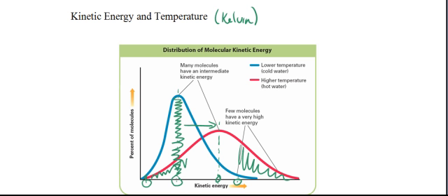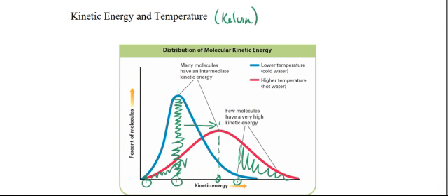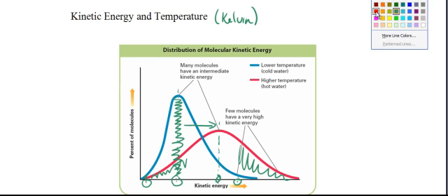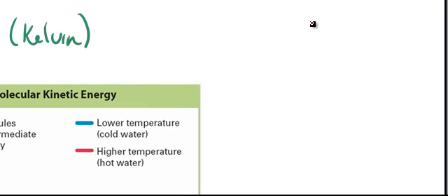If we were to have even warmer temperatures, let me see if I can change the color on this. Oops, minimize the wrong thing. Hang on here. There we go, we're back. And if I change the color here, let's go red hot. If you heat this thing up even more, the distribution is going to look like that, where it flattens out even more.